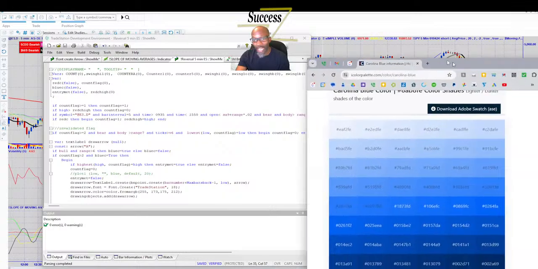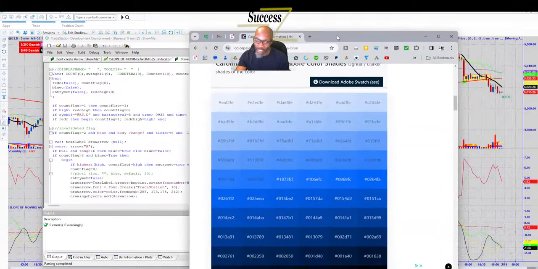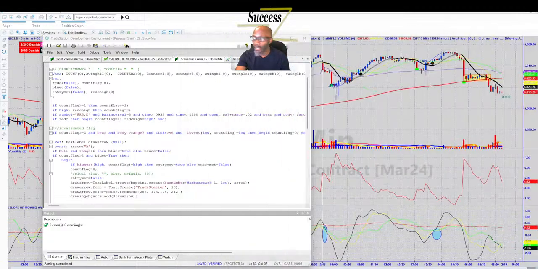Okay. I like this grid. This is pretty. I mean, I'm a blue fan. I like blue. So we're going to go with this one here. And that is Haley blue, and it is 48, 129, 253.